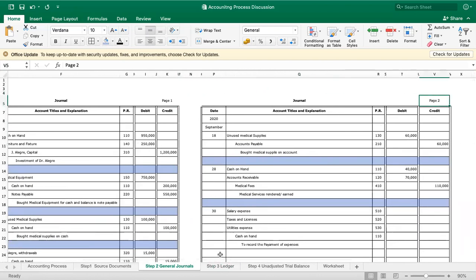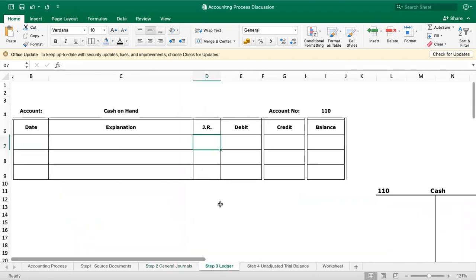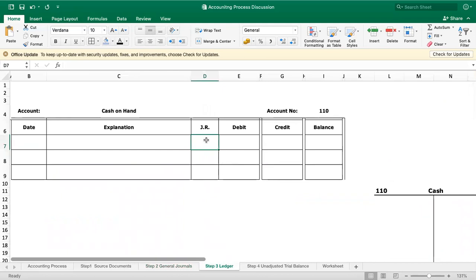So in your ledger for the cash on hand account, you have the date, then the explanation of what type of transaction happened, then the page where you journalized this specific transaction. Then you put the amount if the cash on hand was debited or credited.